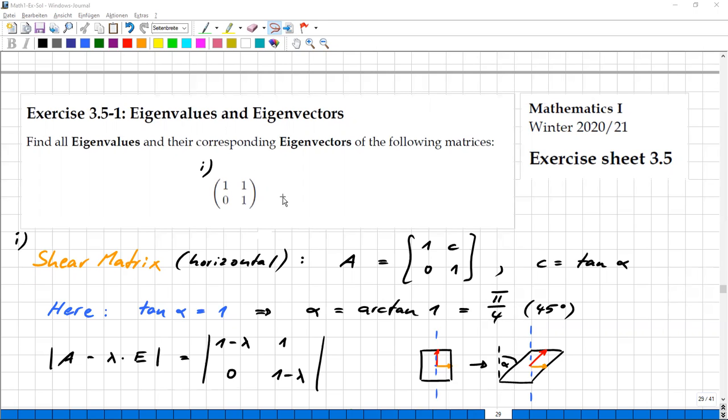I suppose that you're all familiar with this kind of question, which we always ask, namely, which are those special vectors whose image, by applying the matrix, points in exactly the same direction as the pre-image.